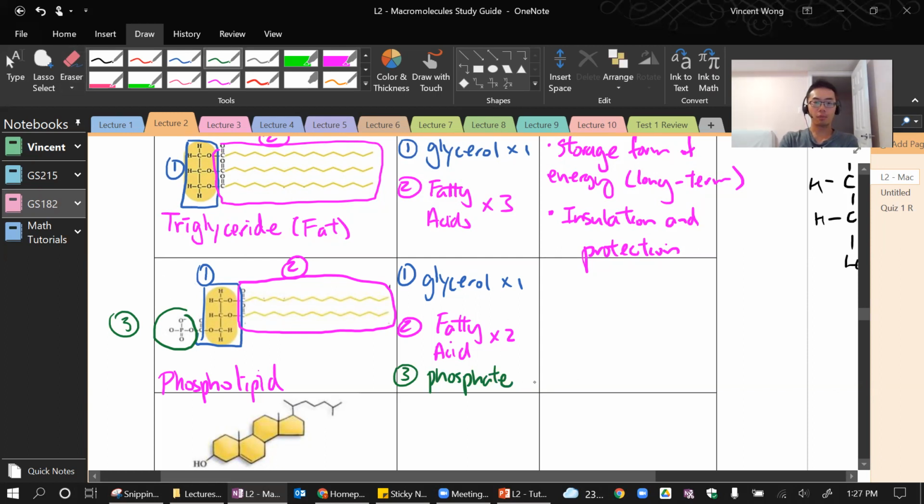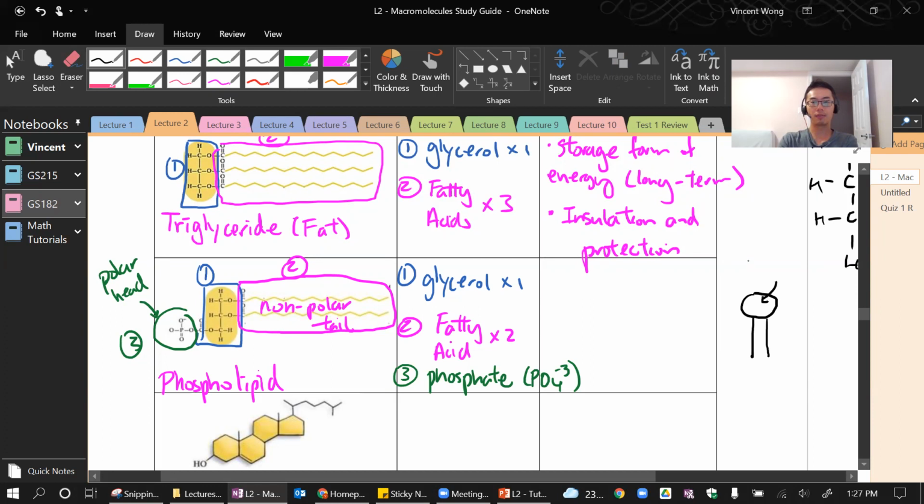The phosphate, which is PO4 negative 3, is going to make this part hydrophilic, so you have what we call a polar head. And then these are hydrocarbons, and that will make up the non-polar tail. You will see later on, maybe next lecture, maybe the one after, I draw the phospholipid like this.